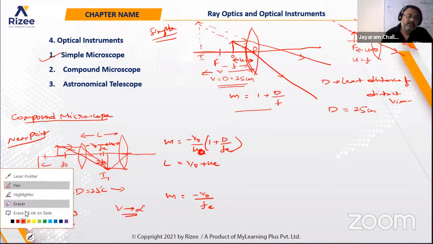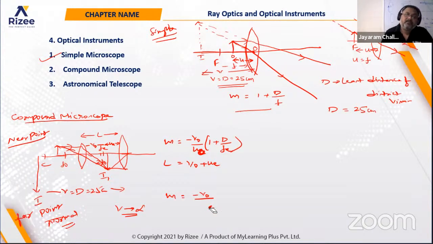To have the image at infinity, we have to place the object at the focus. Since 1 by v value will become 0, your distance between the two lenses will be equal to v0 plus fe, since ue is converted to fe.